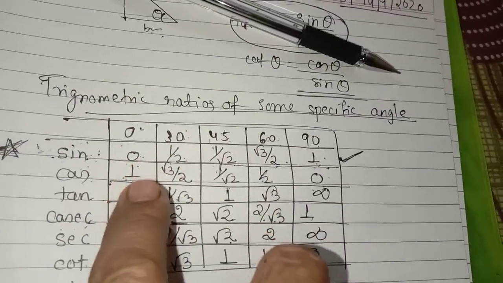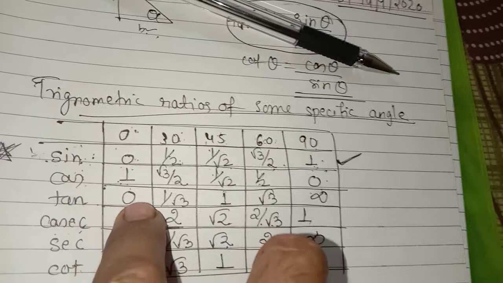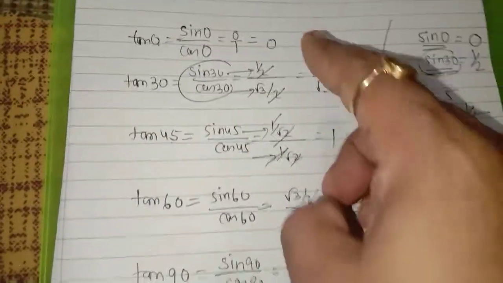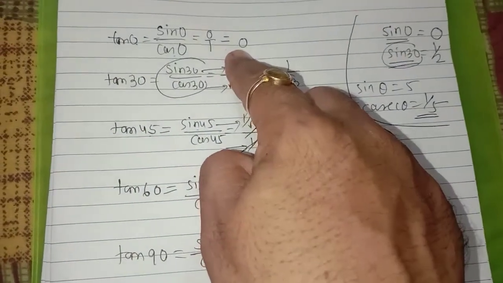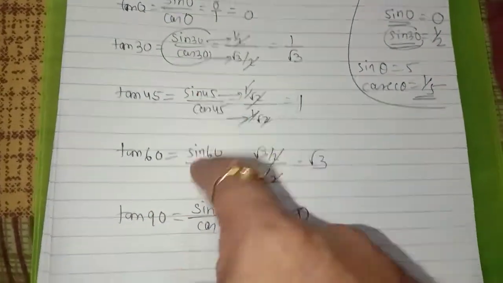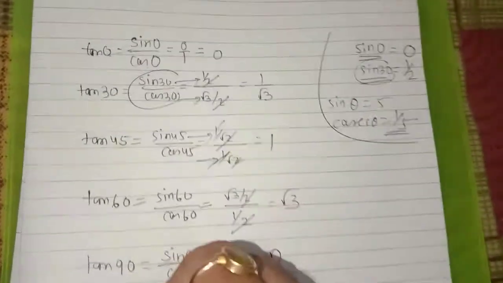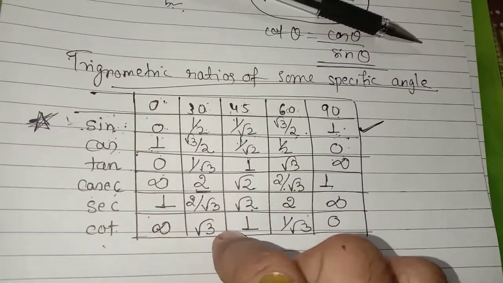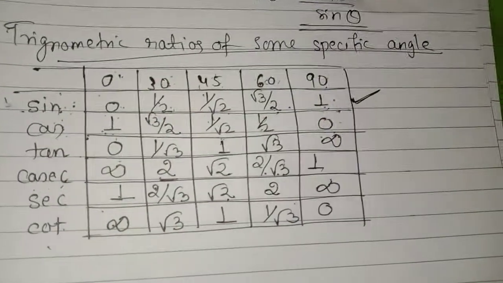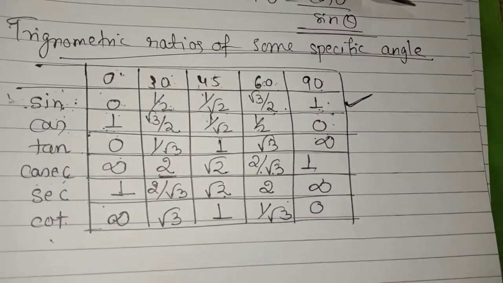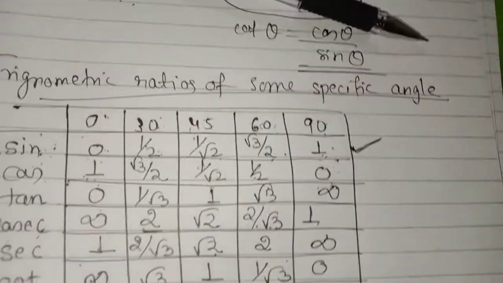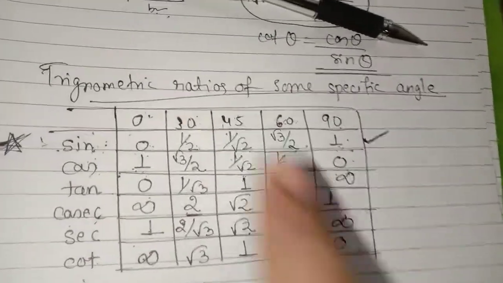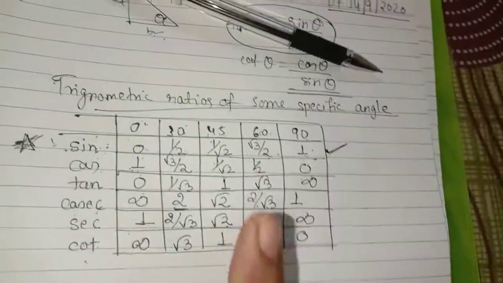The inverse is the value of cos. For tan, just leave it, go to cosec and sec, and then tan will be like this. As I told you how to find tan 0, tan 30, tan 45, tan 60, tan 90. While doing this, you will get the value of tan, and then you will get the value of cot, because it is the inverse of tan. So I hope you will follow the same procedure to save your time, as well as to remember the values of trigonometric ratios of some specific angles.